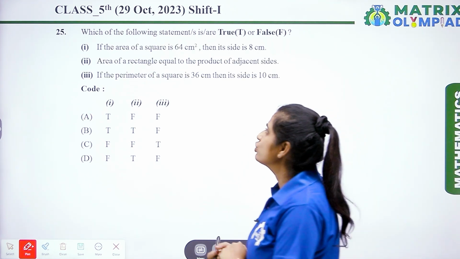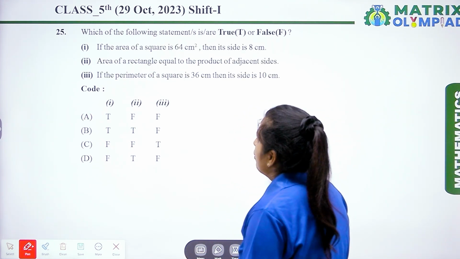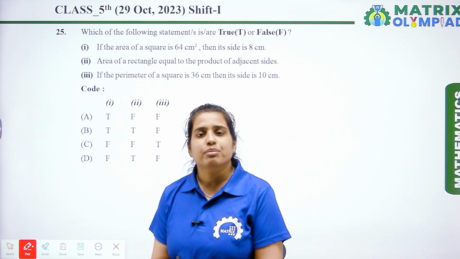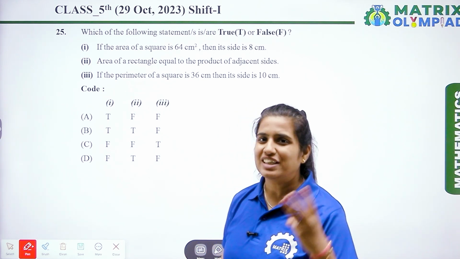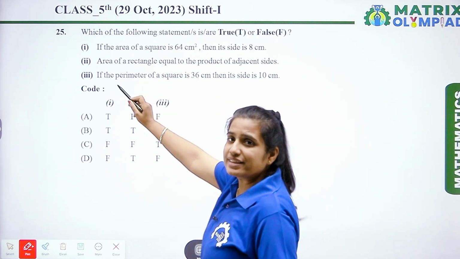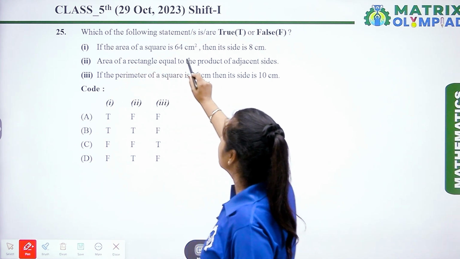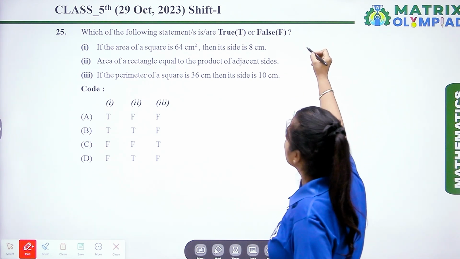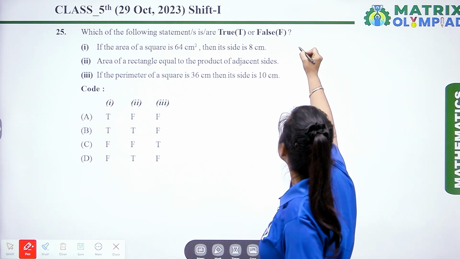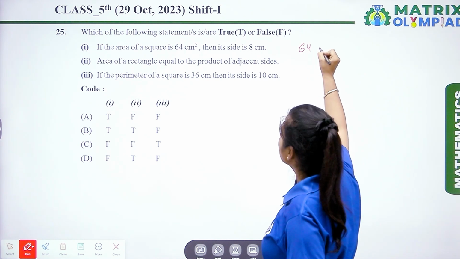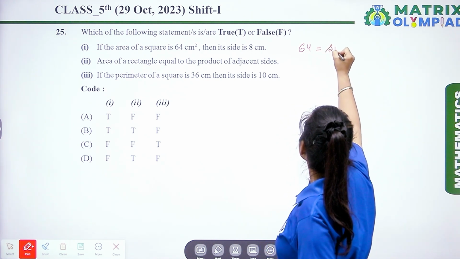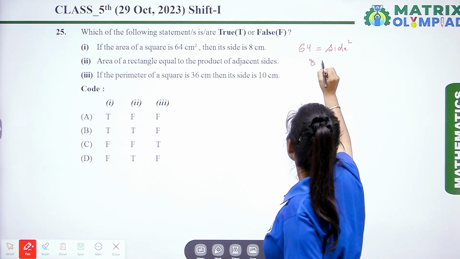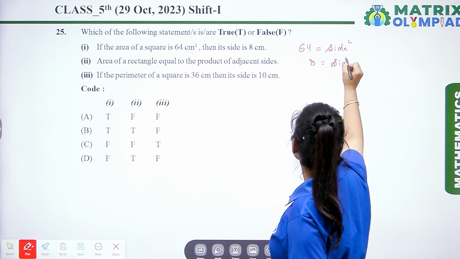Now the next question is question number 25. Which of the following statements are true or false? We have to again find the statements which are true and which are false out of these three statements. The first statement is, if the area of a square is 64 centimeter square, then its side is 8 centimeter. Let's find out the side of this area. Here 64 is the area, side square, 8 is equal to side.